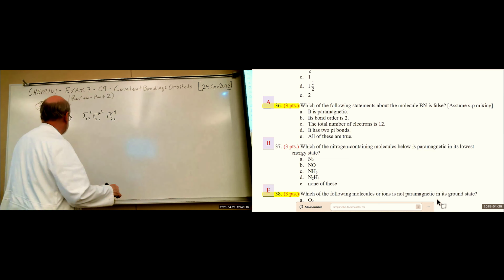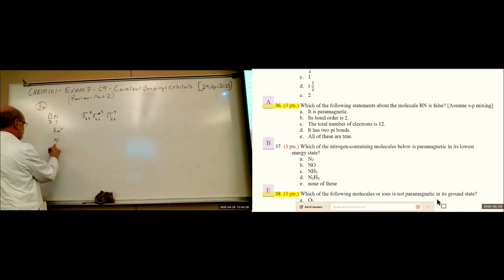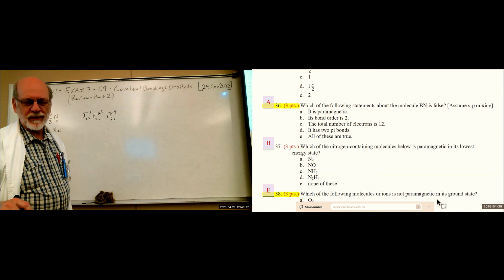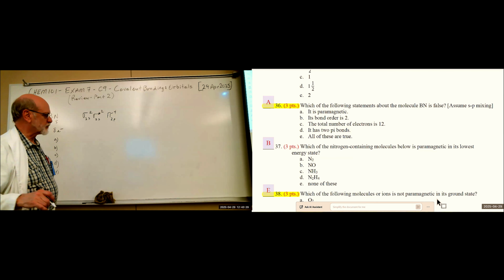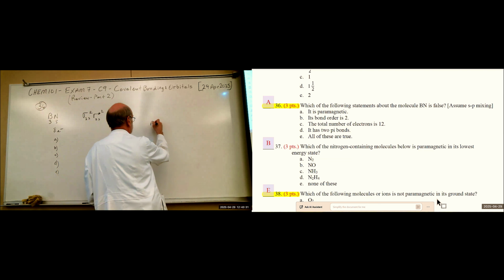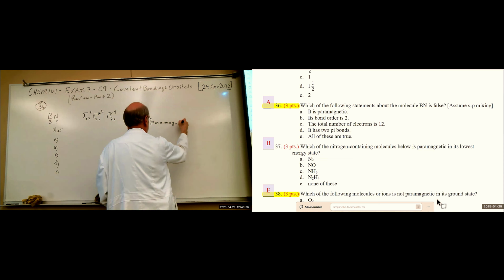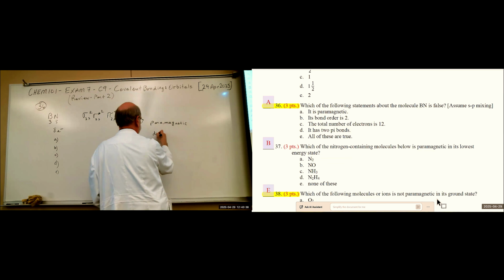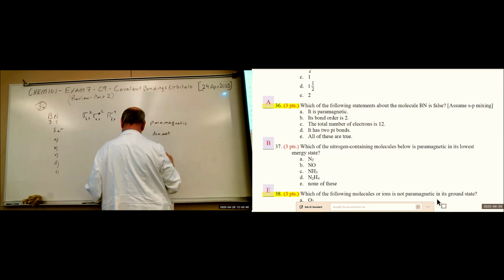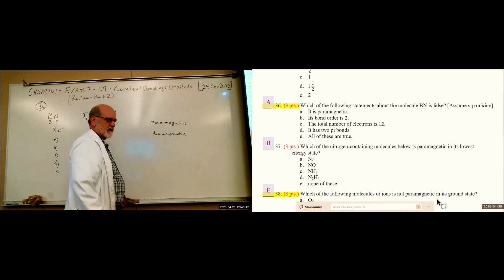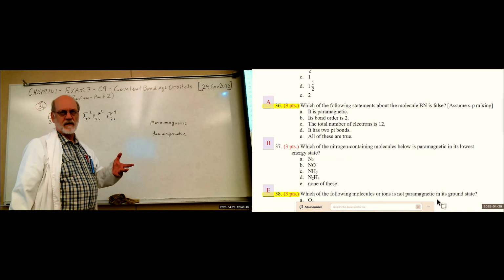Oh, we have several different statements that have to be considered. All right. It's paramagnetic. Remember the difference between paramagnetic and diamagnetic. Para means alongside or with.